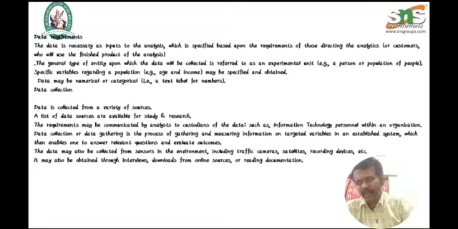We can collect data from a variety of sources, wherever sources are available. A list of sources is available for study and research. If you want to use the data for research or study purposes, we can collect it, store it, and define that as data collection.